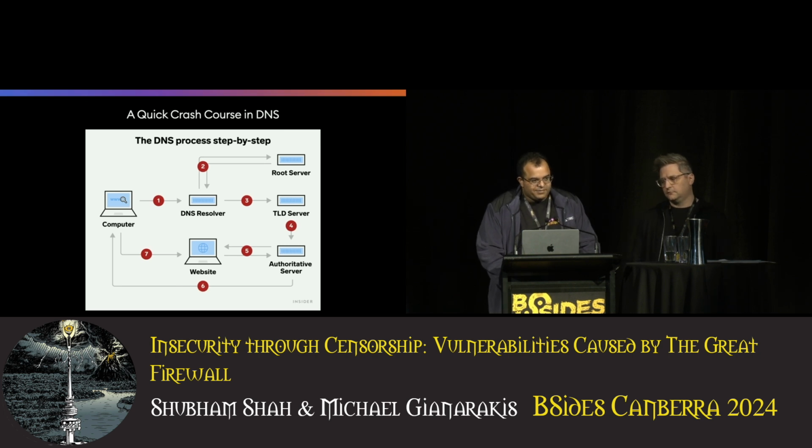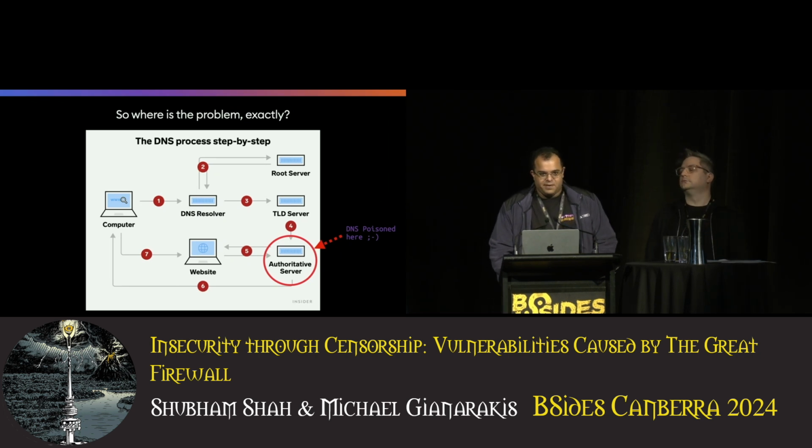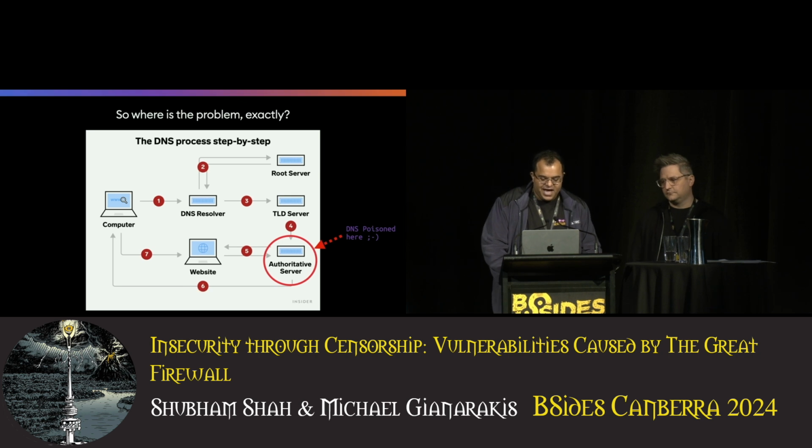What we're going to be talking about today is something that affects the authoritative server. So DNS poisoned here. And if you remember the Snowden leaks, there was a situation where Google's traffic was being intercepted and the SSL traffic was being removed. That's where they had this snarky little comment, "SSL added and removed here." In this case, China is poisoning the authoritative name servers.